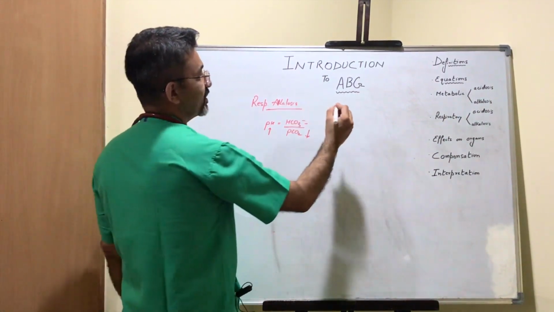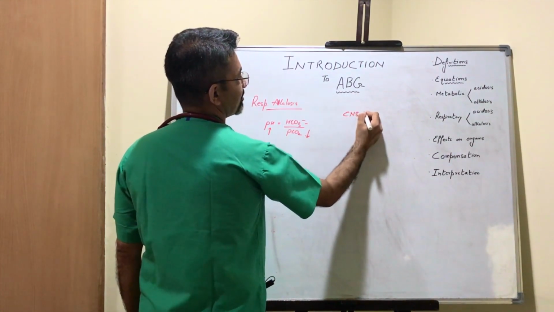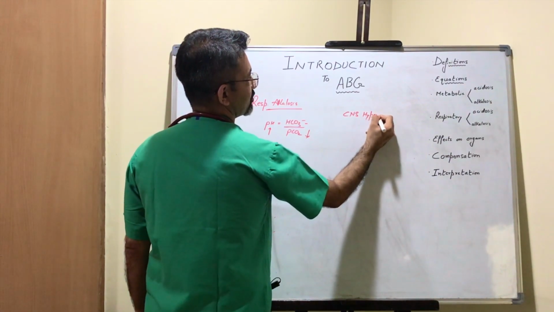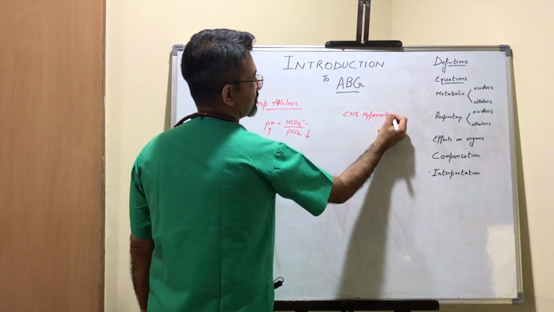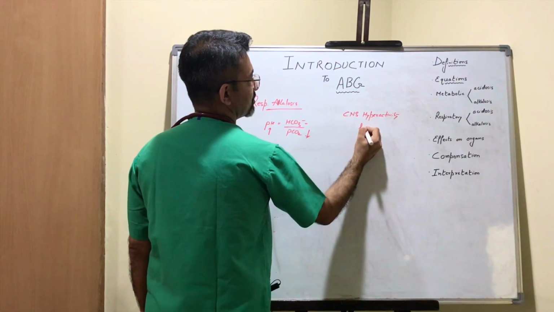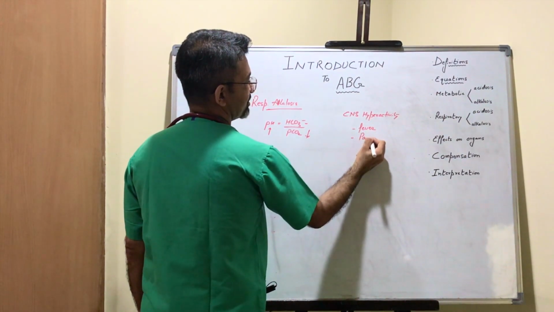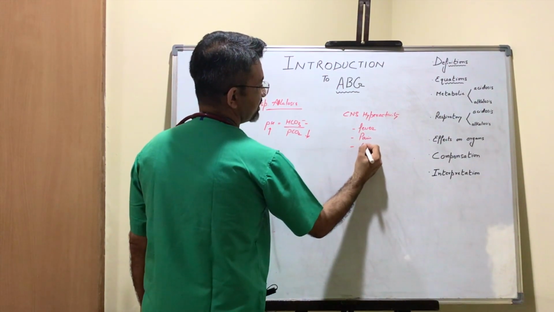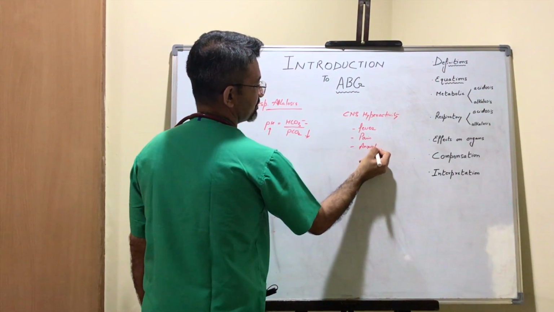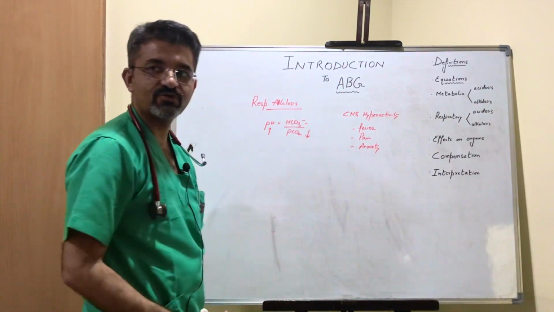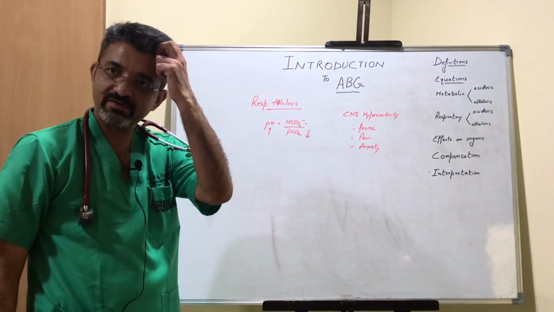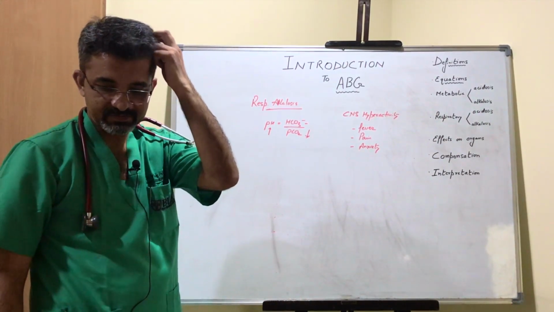Anyone who has CNS hyperactivity, say for example you have fever, so you will hyperventilate. You have pain, you will hyperventilate. You have anxiety, you will hyperventilate. You hyperventilate, you wash out your CO2, you have respiratory alkalosis.